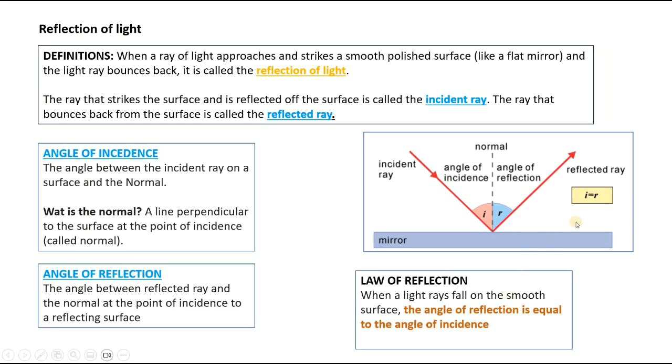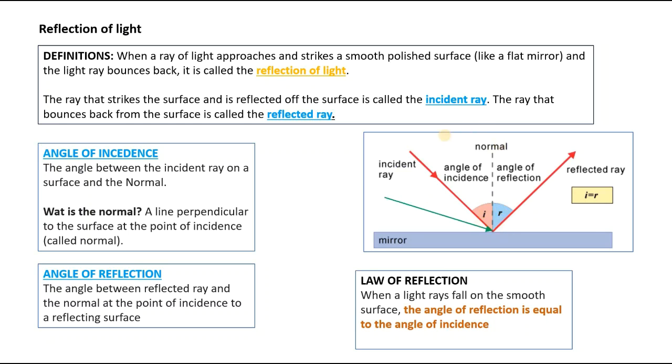You can see here, mathematically, we can say that I is equal to R, which just means that the angle of incidence is always equal to the angle of reflection.